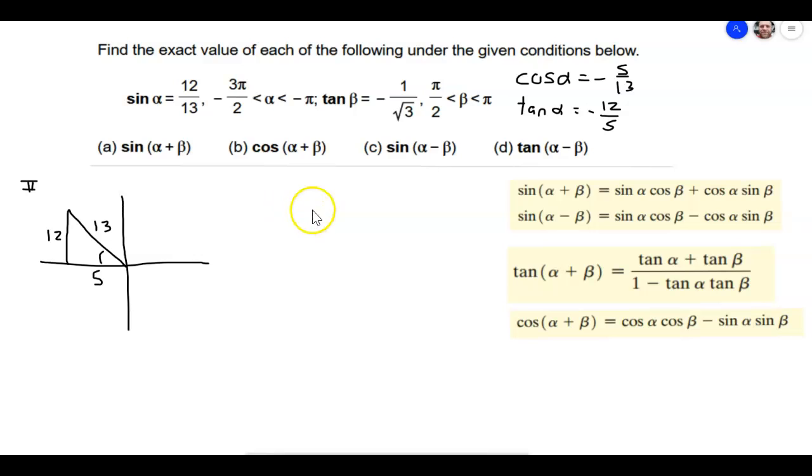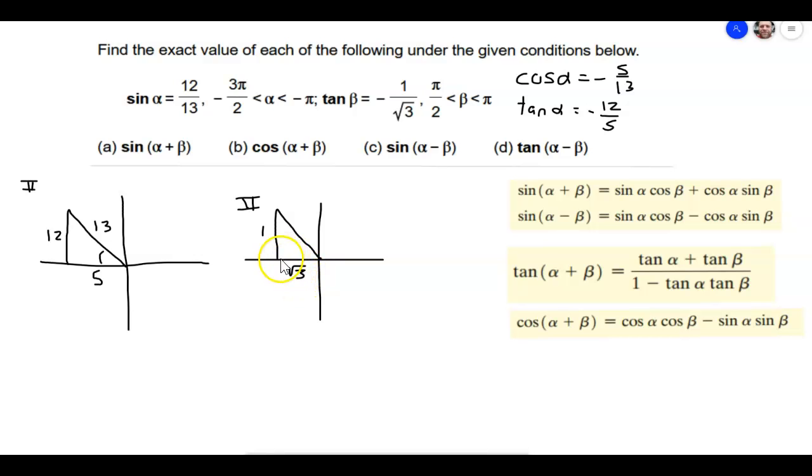That's pretty much it for the alpha angle. Let's take a look at the beta angle and see what we're going to need from it. The beta angle is between pi over 2, which is straight up, and pi, which is over here. So we're also in the second quadrant. I'll make my triangle here. Tangent is opposite over adjacent, so that's 1 over the square root of 3.